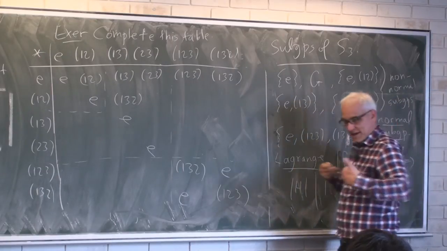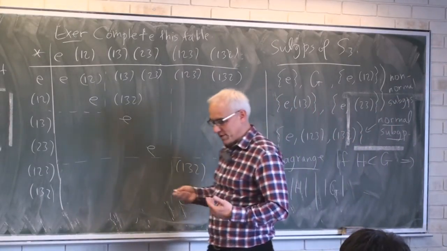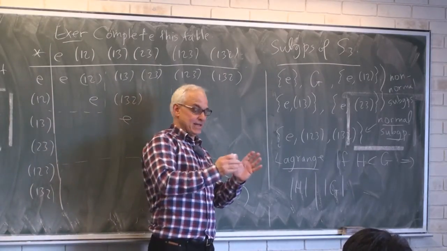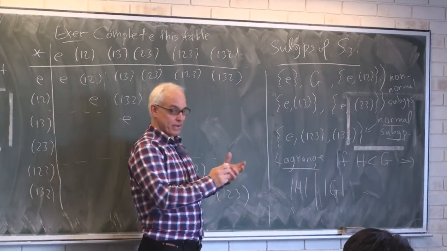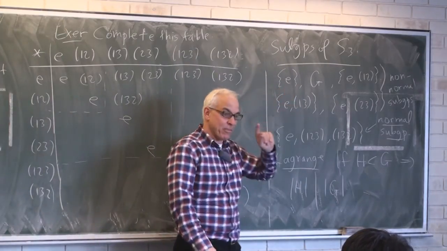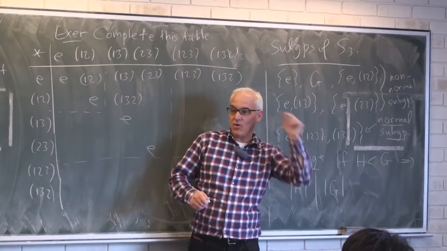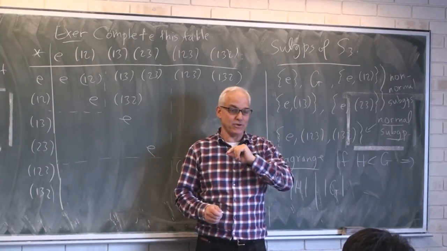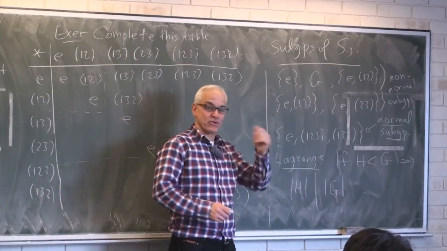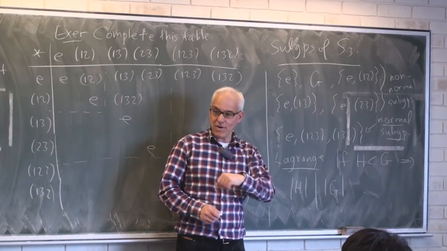Well, when we looked at the subgroup of a commutative group, we said we should look at cosets of it, when we translate the subgroup by an element to get a coset. You can do that here, but the trouble is you can translate on the left or on the right, and it matters which one you do. Translating by an element on the left is different from translating by an element on the right.